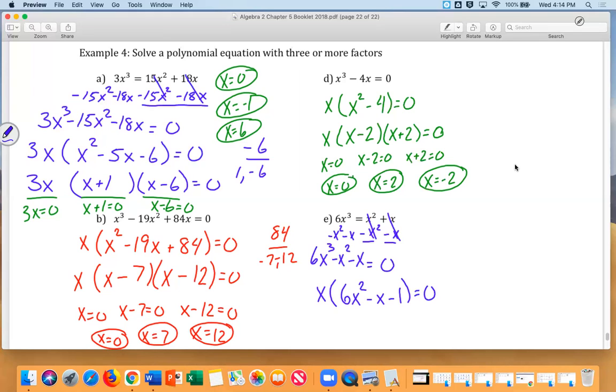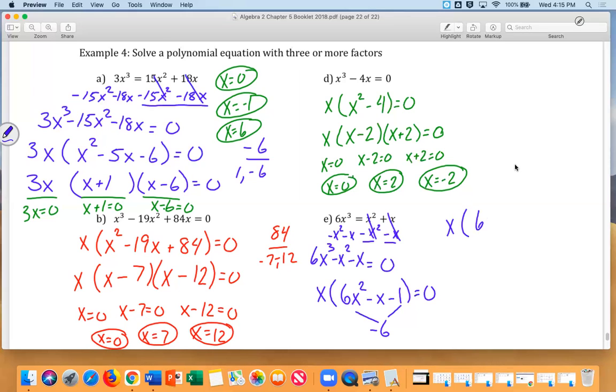Unfortunately, I have to do the British method here. Okay, so I am going to multiply -1 and 6 to get -6. And I'm looking for the factors of -6 that will add up to give me -1. So that's going to be -3 and 2.